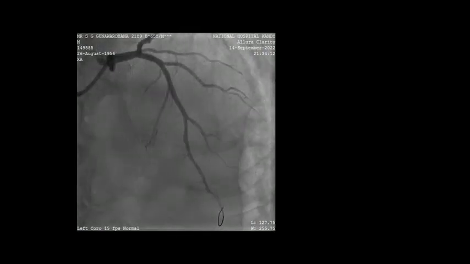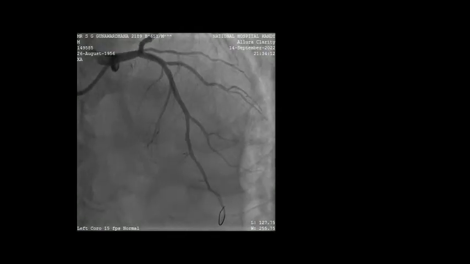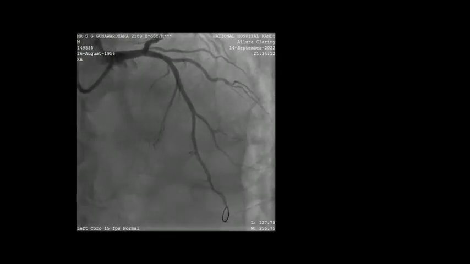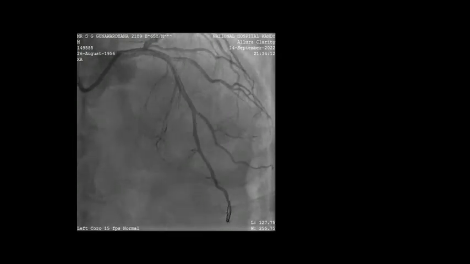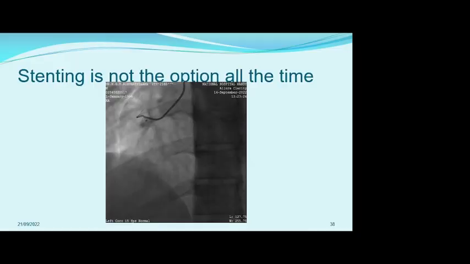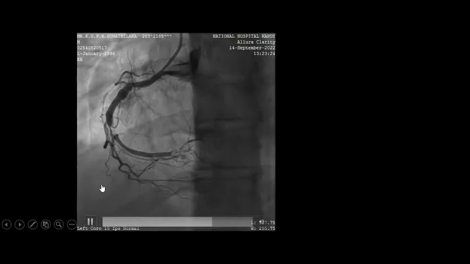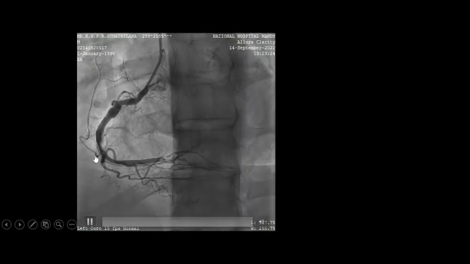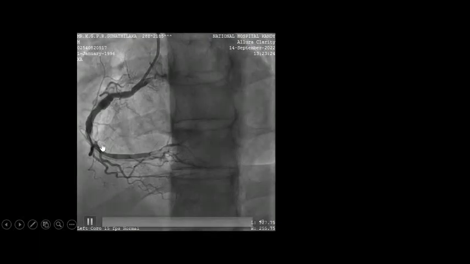Nowadays, radial access is the preferred mode of access, because radial artery access significantly reduces bleeding compared to femoral artery access. And stenting is not the option all the time. Some of these patients, now this is a 28-year-old patient coming with inferior ST elevation MI.